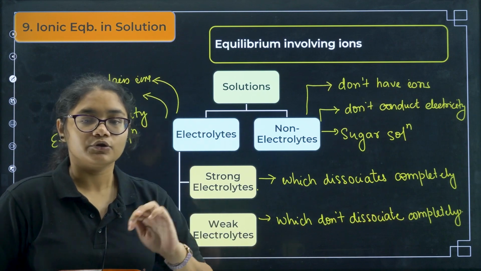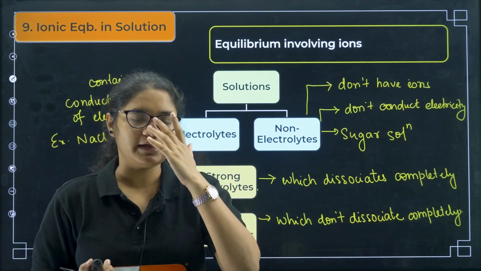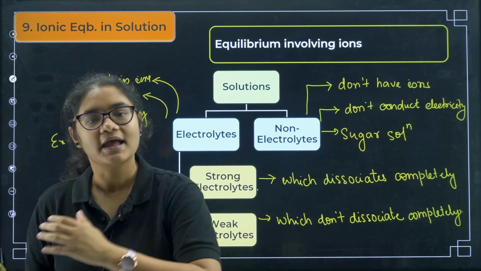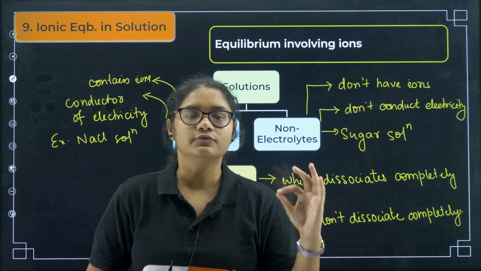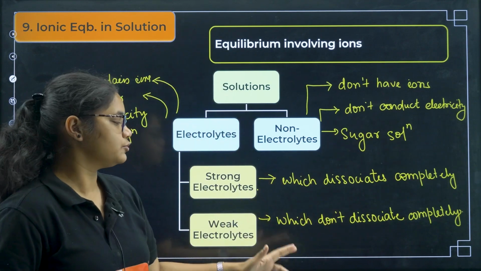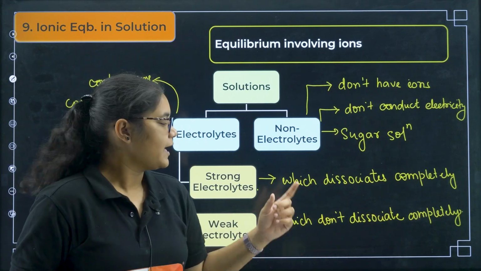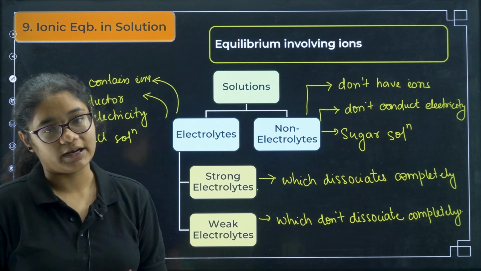For example, you took CH3COOH and dissolved it in water. You will find there are only certain amounts of CH3COO-, there is H+, and there is also undissociated CH3COOH. So those electrolytes which do not undergo complete dissociation are called weak electrolytes, and those which dissociate completely are called strong electrolytes.